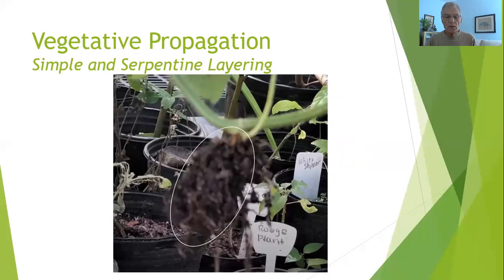Here's a photo that shows a plant that I developed from using simple layering. It's not very well focused, but it's in the white oval. That's where all the roots developed, and they're hanging from the stem. And then after this happens, you snip the stem on the plant side so that now you have an independent plant that you could put into the soil.